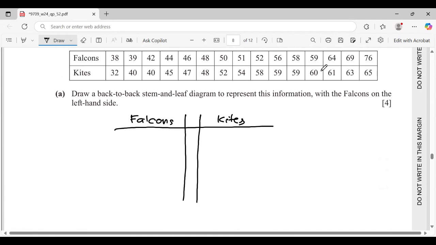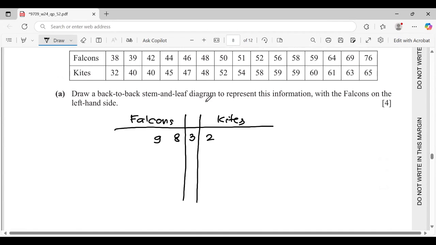If you evaluate this data, you can find that the smallest data for Kites is 32, and the smallest data for Falcons is 38. And after 38, 39 here.